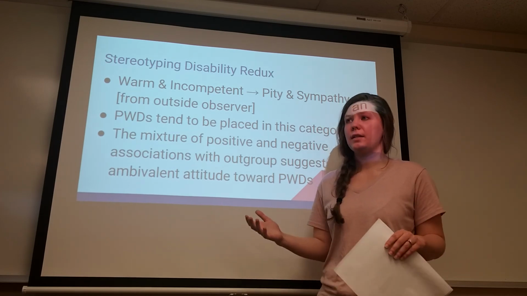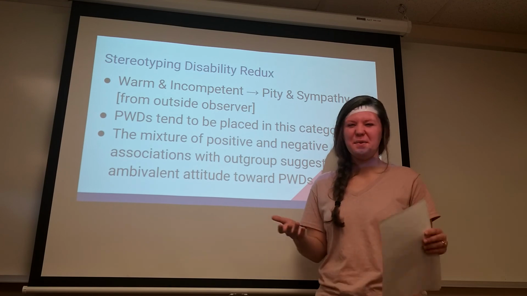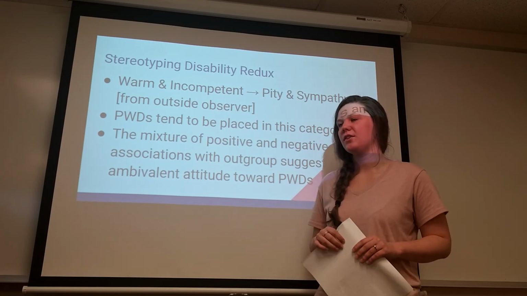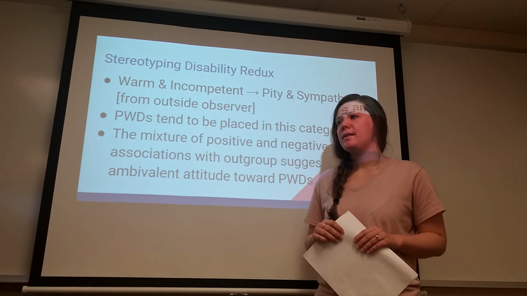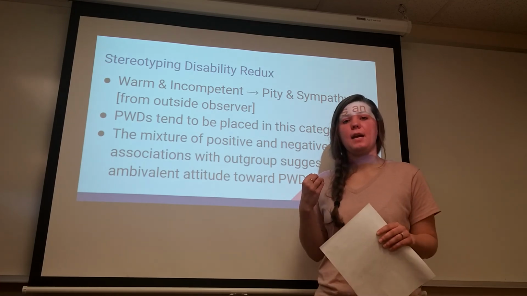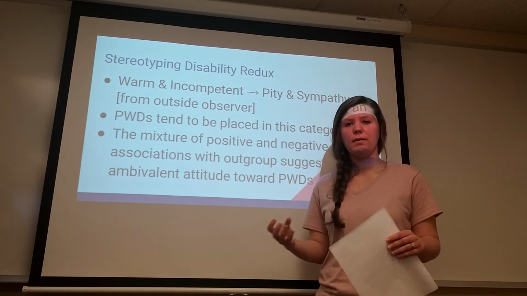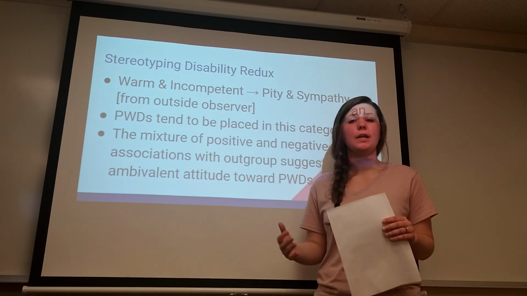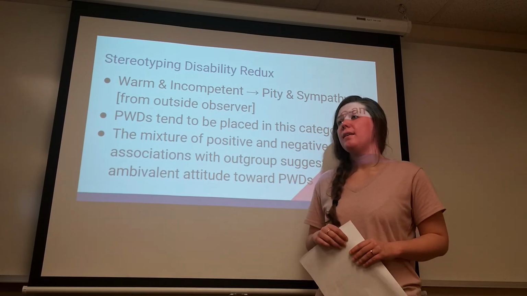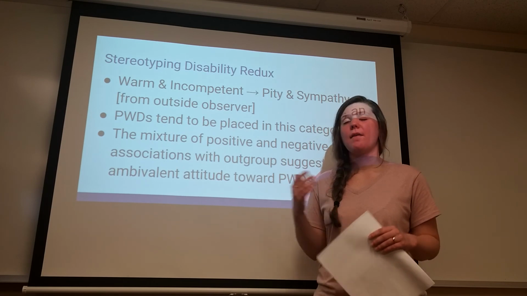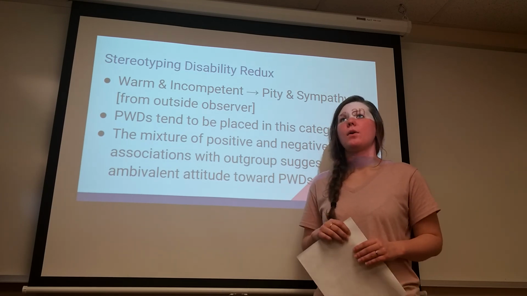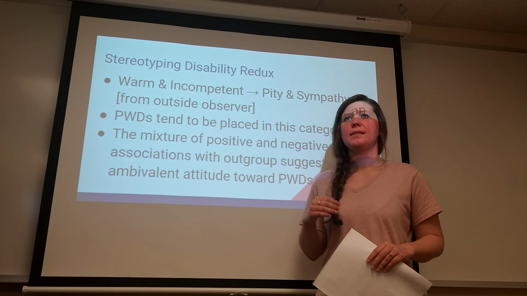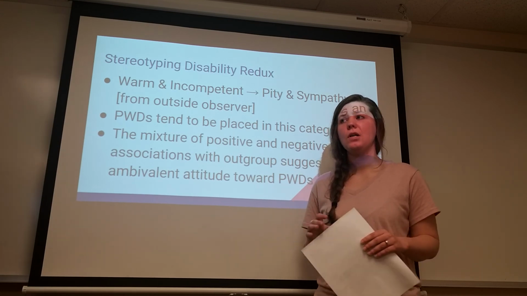And Fiske actually addressed this, and Dunn also took it up. But there is a warmth and a competence that we tend to judge people with. When they have greater warmth, they tend to be viewed as friendlier and more trustworthy. And when they are considered to have higher competence, they are more likely to be viewed as higher in status or more intellectual.